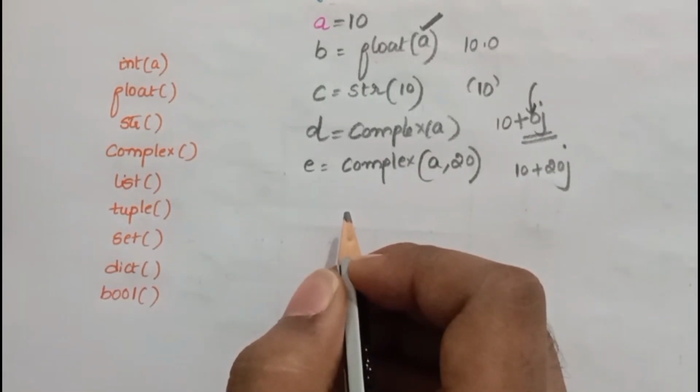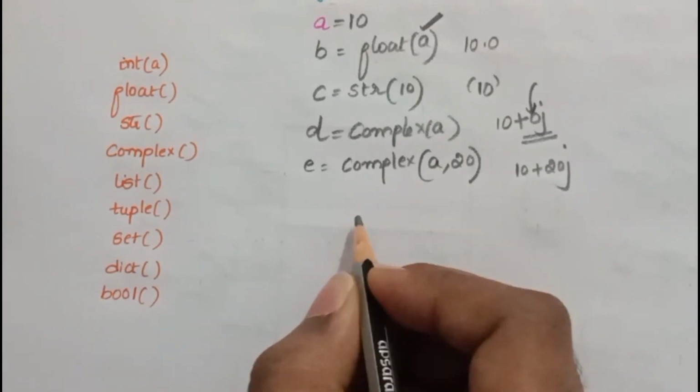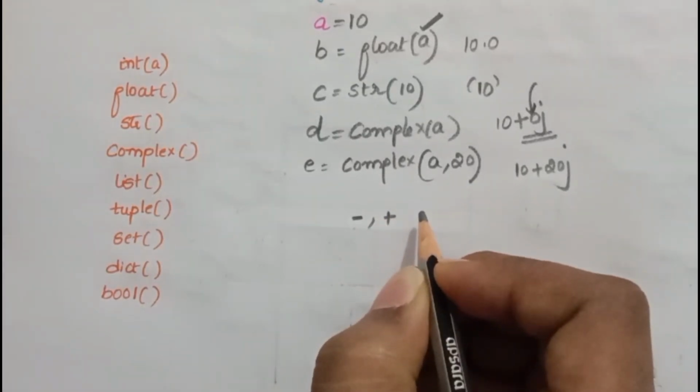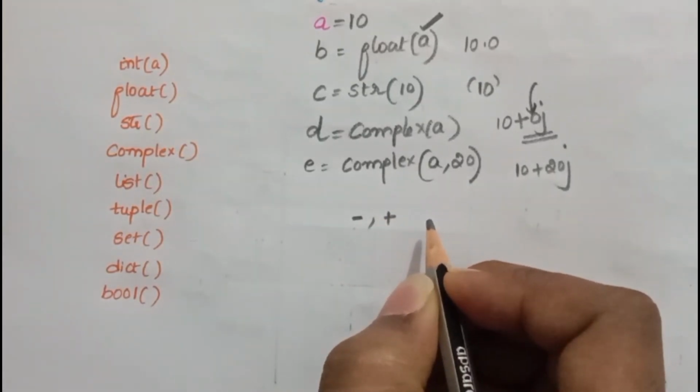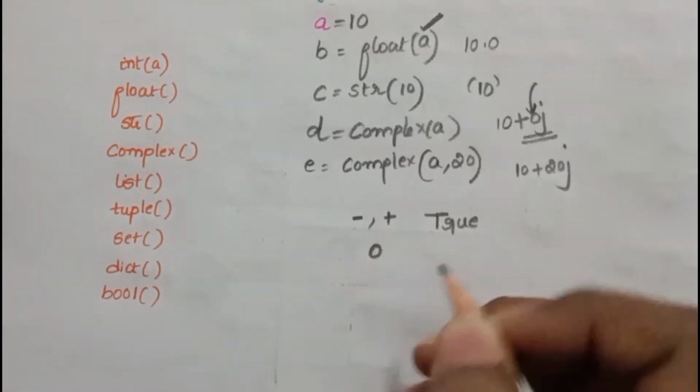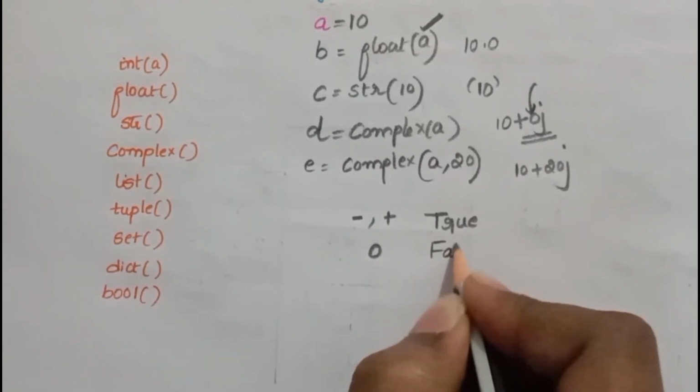And one more thing, in Python, any non-zero value, either a negative number or a positive number, any value except 0, is treated as true. 0 is treated as false.